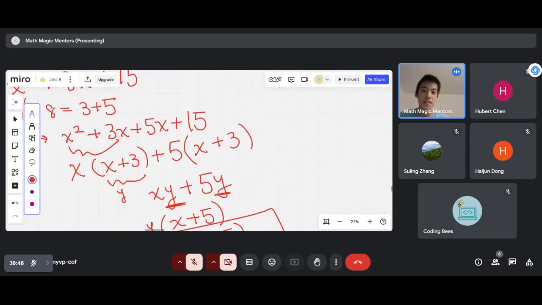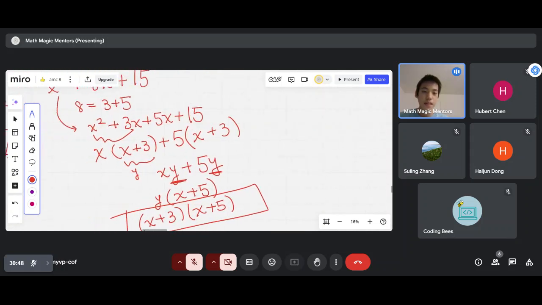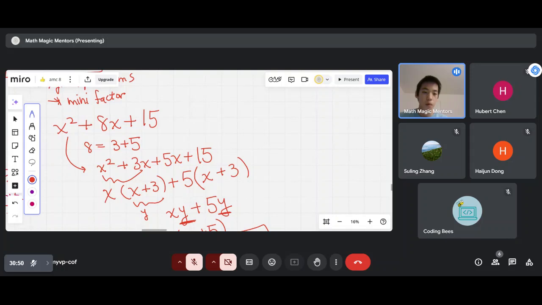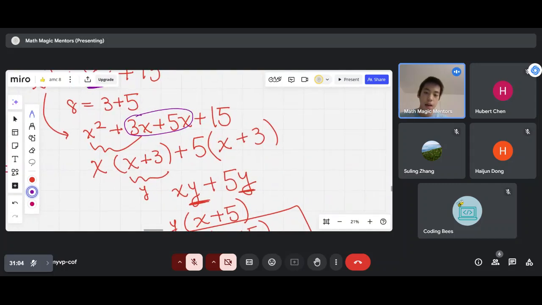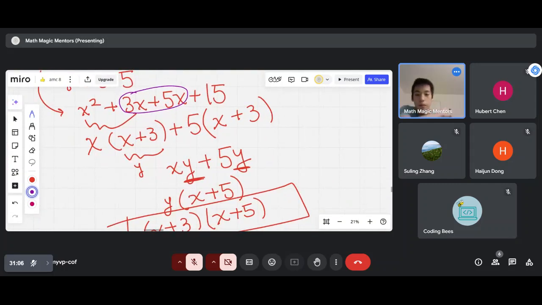And that's our factored expression. So it's really nice here because the main step was writing 8x as a sum of smaller terms. What those smaller terms do for us is that we can find a common factor, which is a binomial, and factor that out of the whole expression.